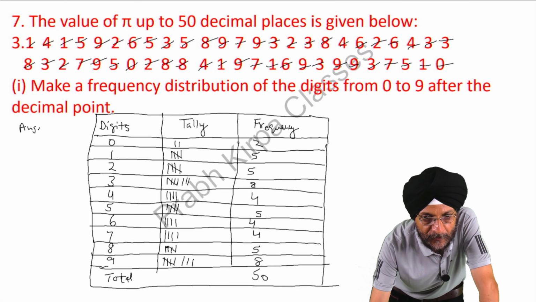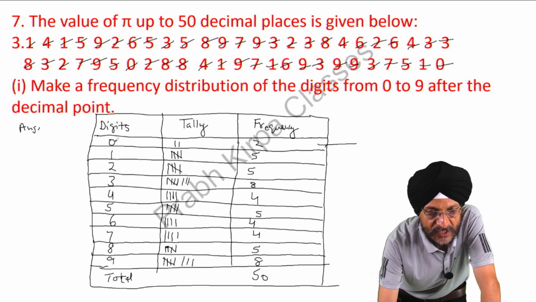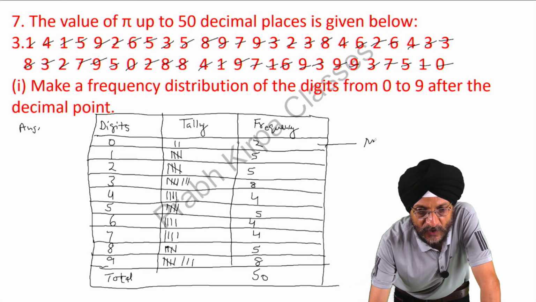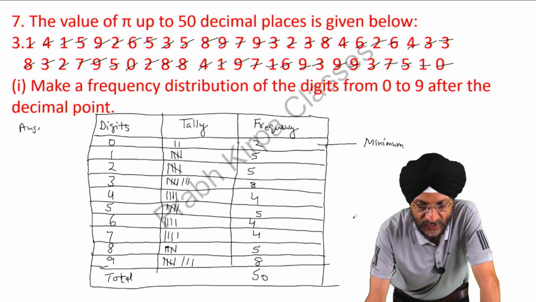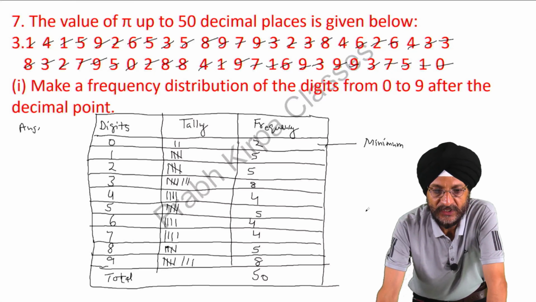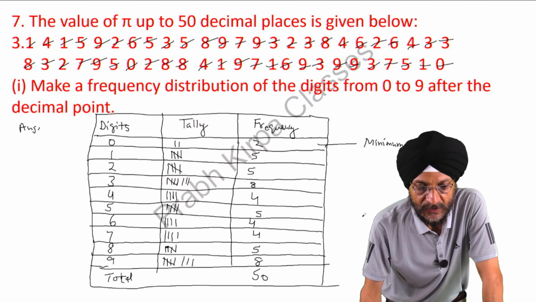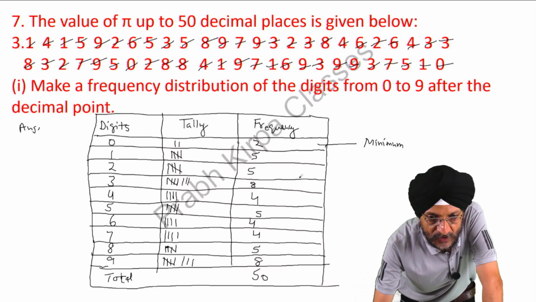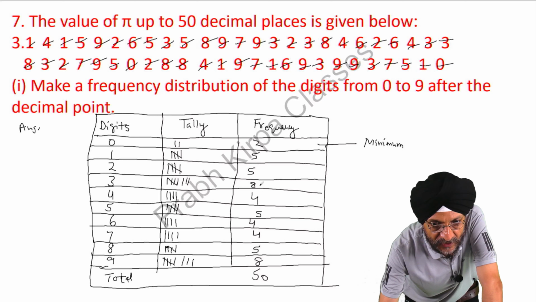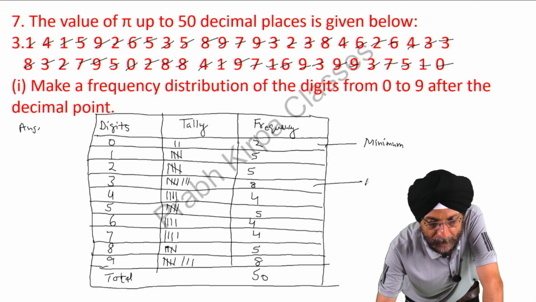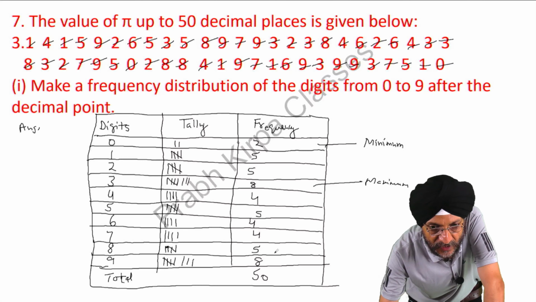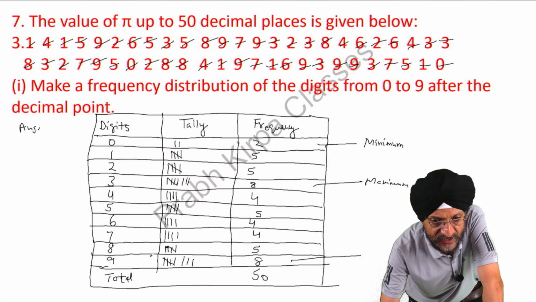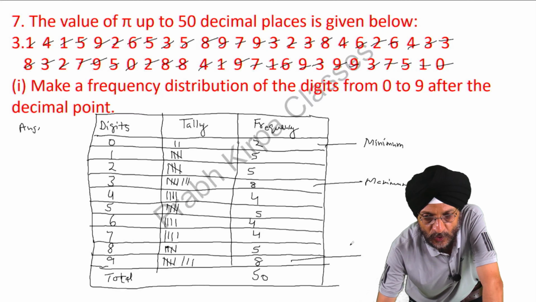This is the 0 digit, which has appeared only on 2 occasions. And what are those digits which have appeared mostly? 8 is the maximum, and this digit, that is the digit 9, has also appeared maximum.